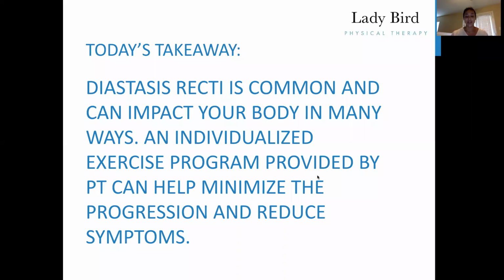So if you're wondering how to strengthen your core and you felt a gap when I showed you how to test for it, or if you're experiencing leakage, low back pain, or any type of prolapse symptoms, or any of the common symptoms that I discussed earlier, we are here to help.